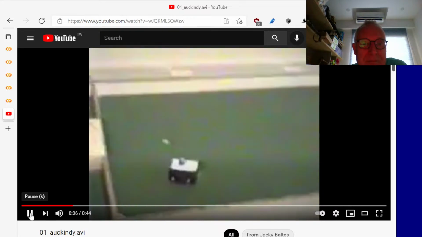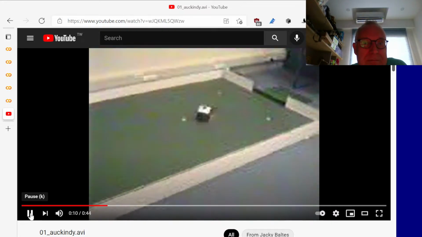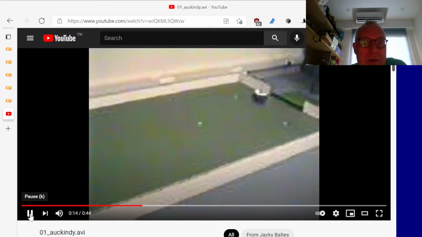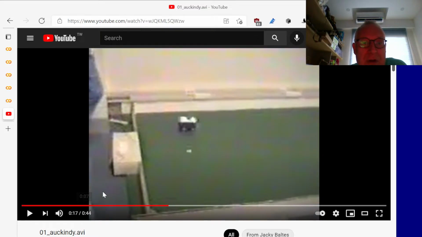The other problem that we had was with the driving. When you see here, okay, this one did well. That was the first lap, so it was a little bit slower. Now it's faster. And now you can see how it oscillates on the control.